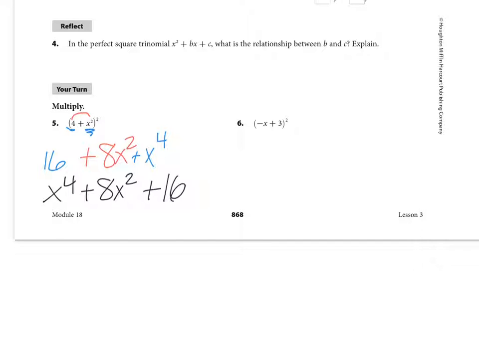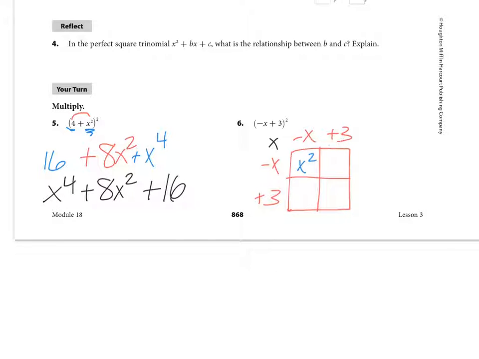Again, whatever method you want to. In this case, I'm going to do the Punnett square. And again, it's just another way of doing it. So I have negative x, positive 3, negative x, positive 3, multiply. So negative x times negative x gives me a positive x squared.